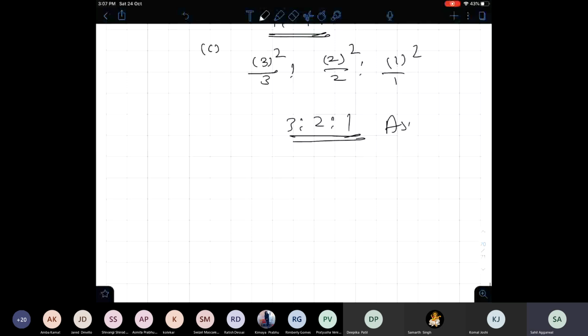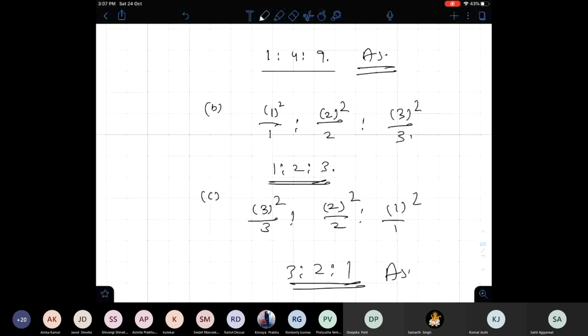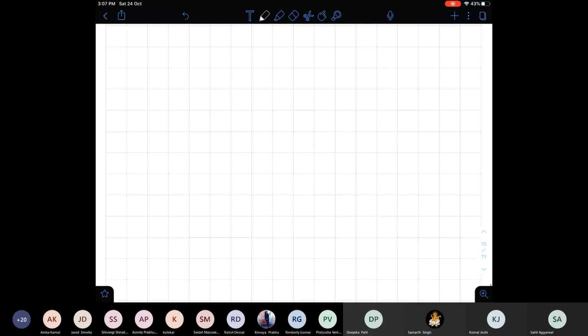Done, all of you? Let's see. Velocity, second orbit of hydrogen divided by third orbit of hydrogen.